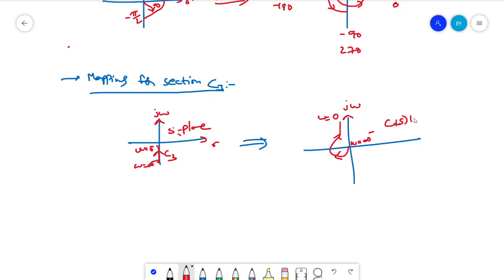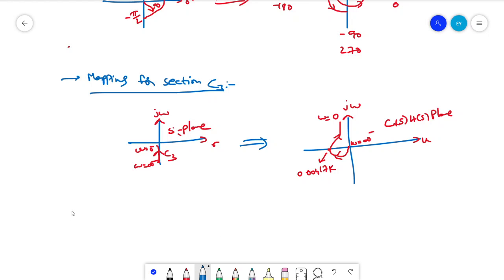This is the G(s)H(s) plane. Okay, this point also, as we computed in the first case, at this point the magnitude will be 0.00417 K. So this is how we can map section 3.